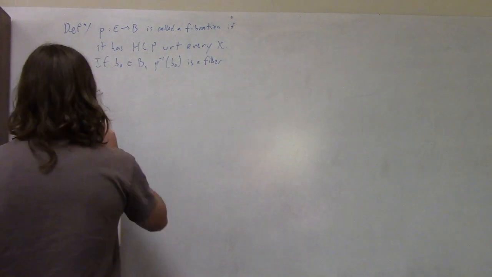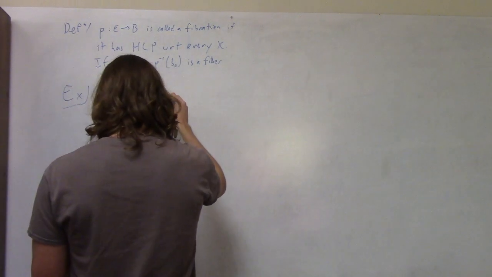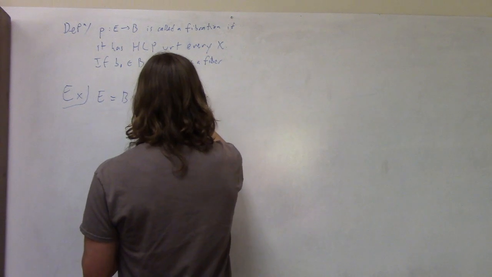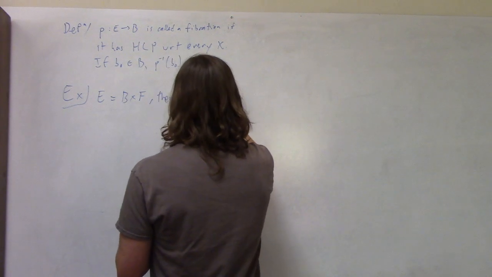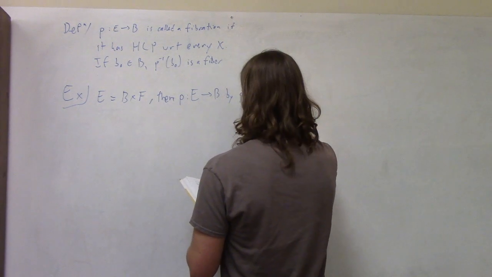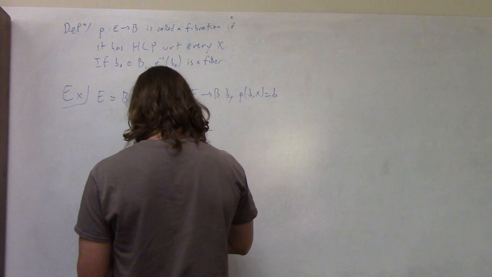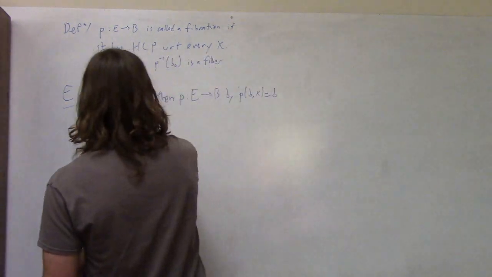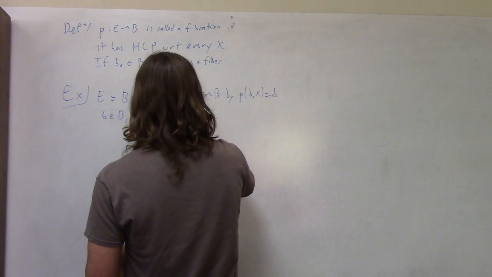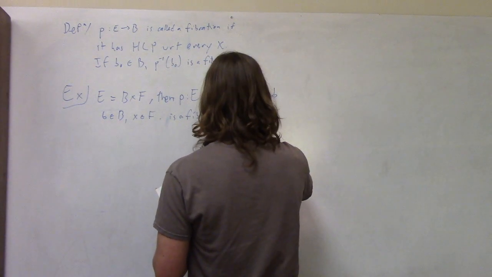Other examples: if we have E equals B cross F, for some space F, then the projection P from E to B, defined by P of B comma X equals B, where B is an element of B and X is an element of F, is a fibration, with fibers F.